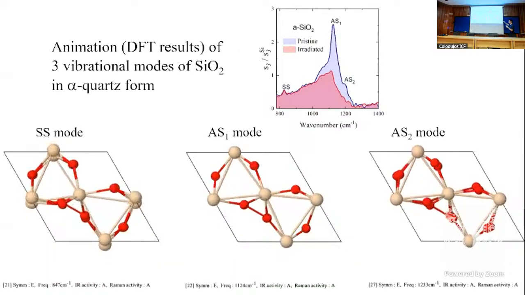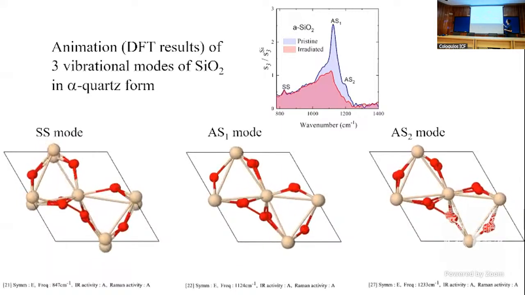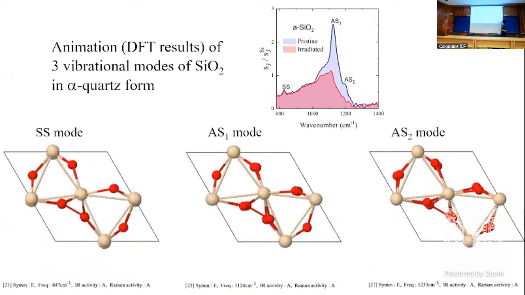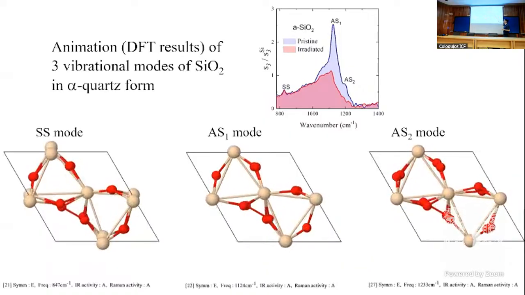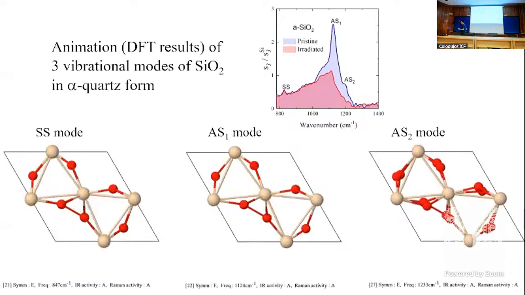This is also anti-symmetric stretching, but here they are out of phase. So the dipole moment will be small, and you see only this small thing here, but it's there. So this is the point that we captured in this work.